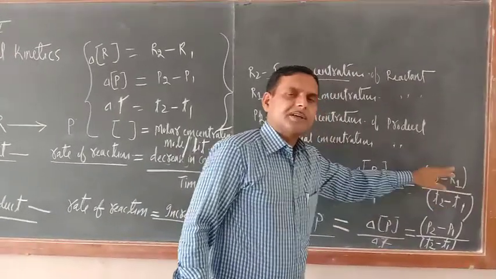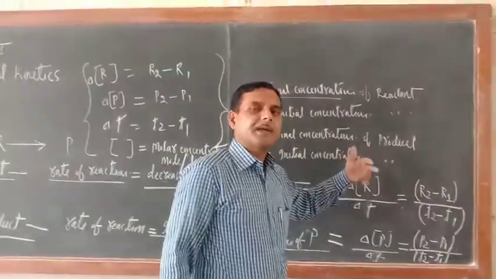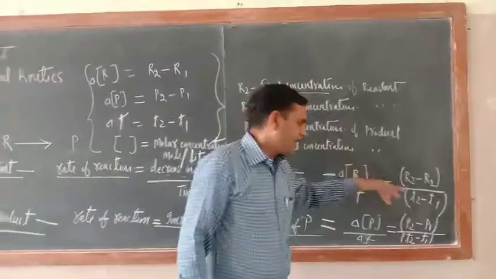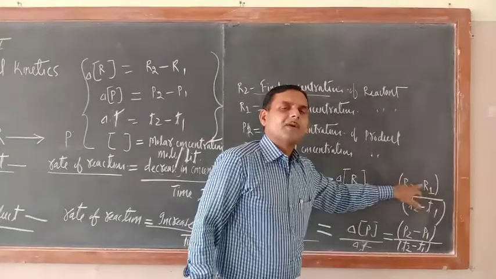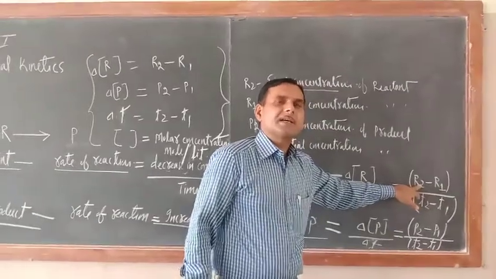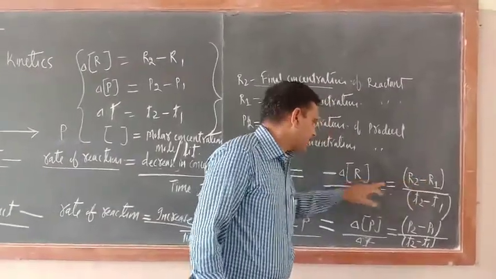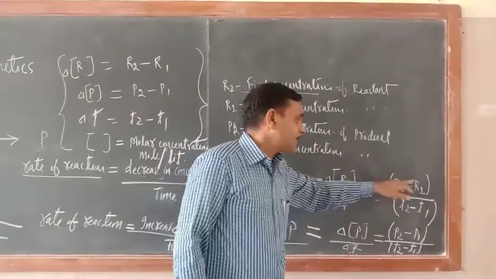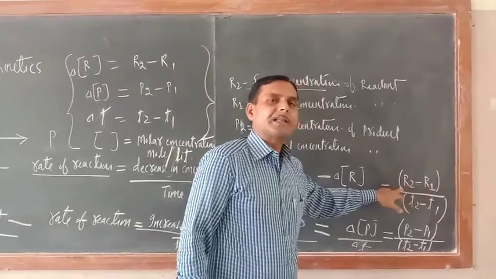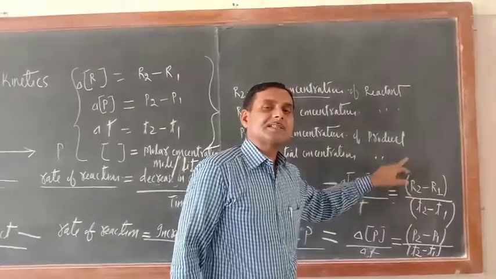So just see, when the reaction of the reactant is started, at that time what was there? Initial concentration was more while final concentration was less. Because of this reason only the minus sign is there. At the beginning the initial concentration is more while the final concentration was less.